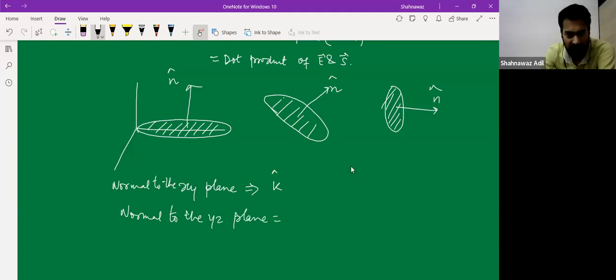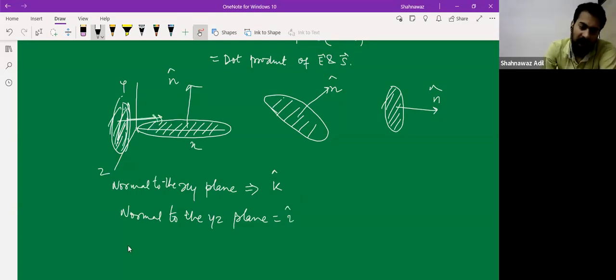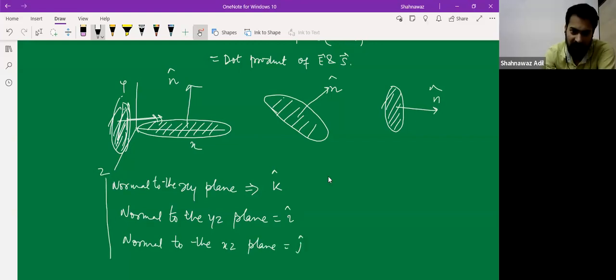Can you guess? So this is Y, this is X, this is Z. So this is the YZ plane, right? So the normal will be in which direction? I hat direction, right? And similarly, the normal to the XZ plane would be in the J hat direction.